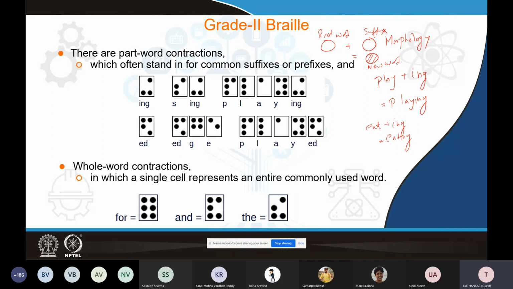Typically these suffixes are very frequent. There is a countable number of suffixes, and most of them are already known to us. Therefore one way of contracting is, instead of putting all these words, we can contract these suffixes into a single cell, right?